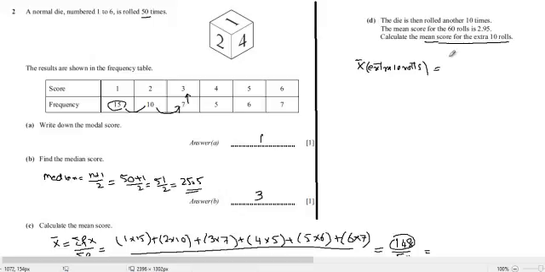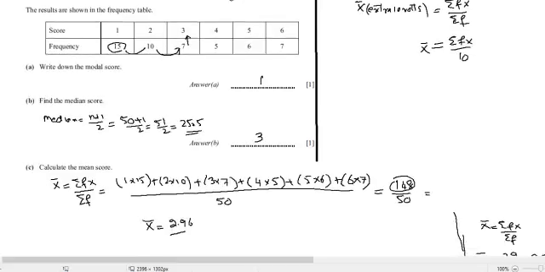still we have the same formula, summation f of x divided by summation f. So what we need here is to put in some values which are known. In this case only the total frequency is known here, which is 10 rolls, so we will put 10 here. So in order to get the mean, we need summation f of x. From where will this summation f of x come? Now we know that the sum of f of x is 148 when it is 50 rolls.